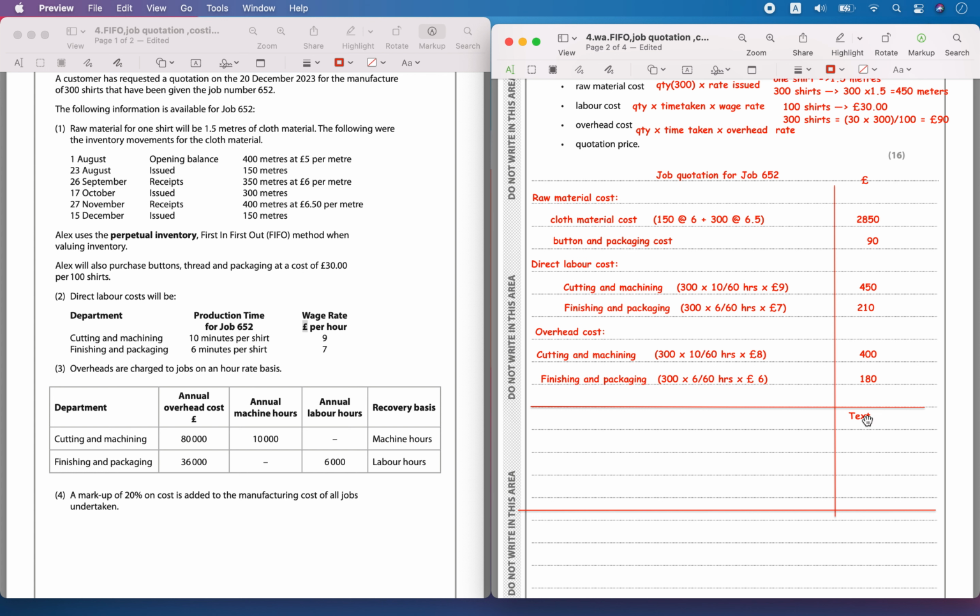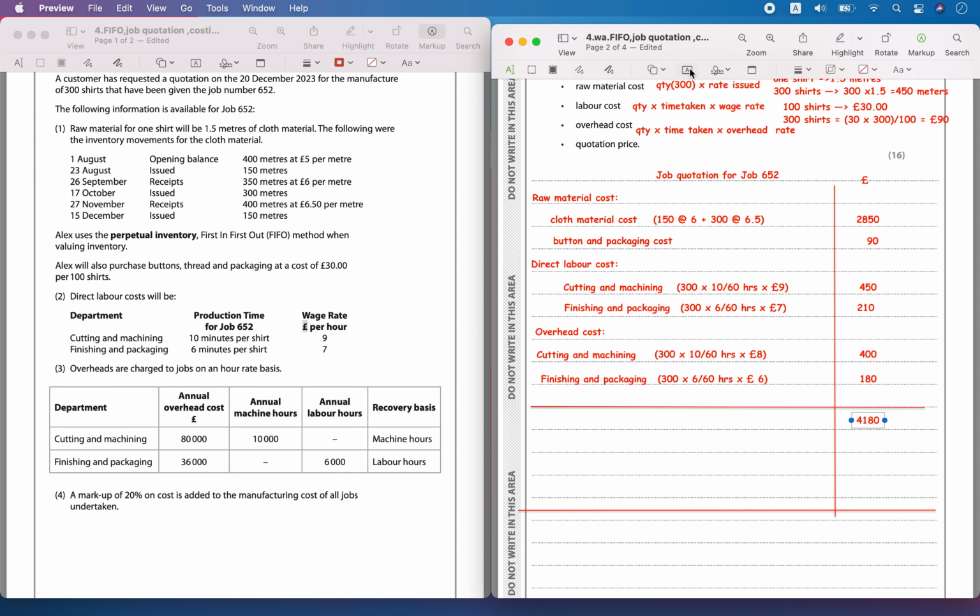When you add up 282850 plus 90 plus 450 plus 210 plus 400 plus 180, it's going to be equal to 4180.